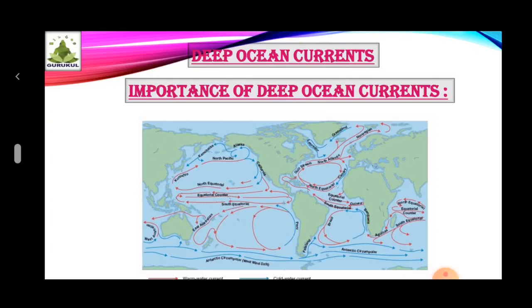Let's know more about the importance of the deep ocean currents. Due to the thermohaline circulation, the movement of the seawater occurs on a large scale, and because of this circulation, the ocean water moves from the surface to the bottom and from the bottom to the surface.